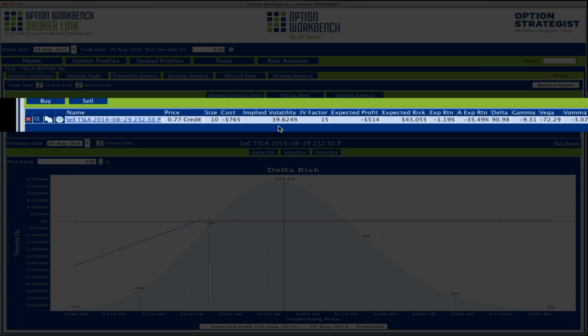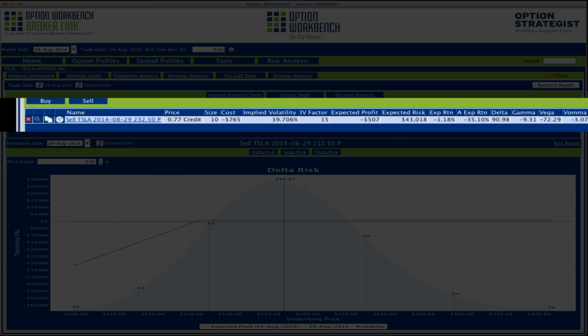The implied volatility of the option is 39.45. The IV factor, this tells me it's 15, so it tells me I'm selling expensive volatility, which is what I wanted to do. Expected profit right now is negative, but we'll see a little bit more about that in a minute.